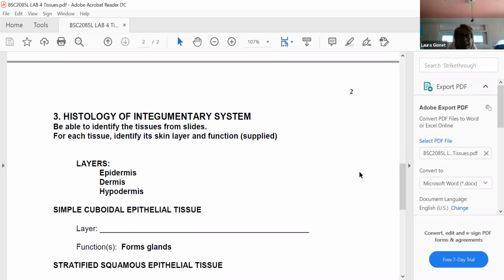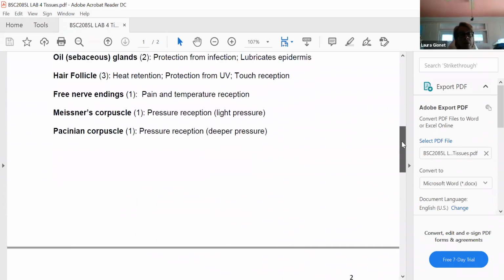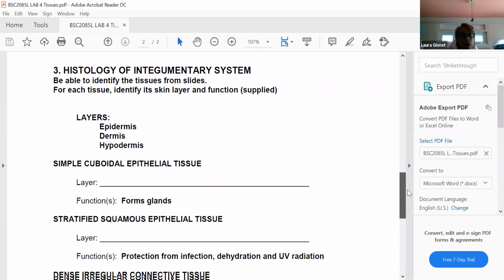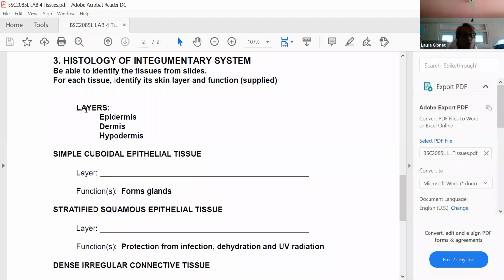For each tissue, identify its skin layer, and perhaps a function, which I just gave you up here. Okay, so the layers that you're going to use as the answers to the fill in the blanks here are all found here in bold print: epidermis, dermis, or hypodermis.